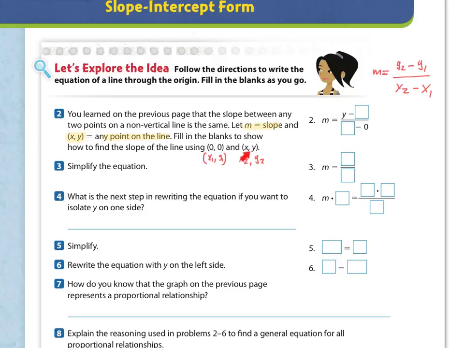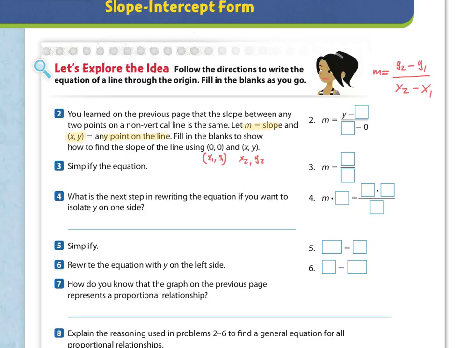Look on the board. It's giving you a hint. Y. Okay. Remember, these are connected. 0 is x1. 0 is y1. X is x2. And y is y2. That's why we put the labels at the bottom.